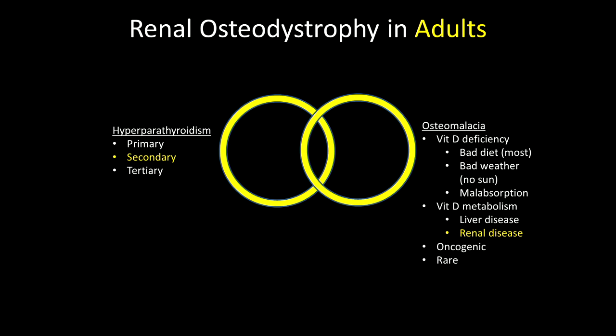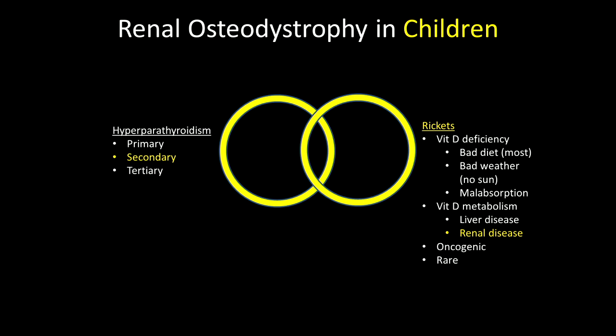And for osteomalacia, the renal causes are one of many other causes, including bad diet, bad weather, malabsorption, liver disease, even oncogenic causes of osteomalacia. But once you recognize what those findings are, you can make the diagnosis.